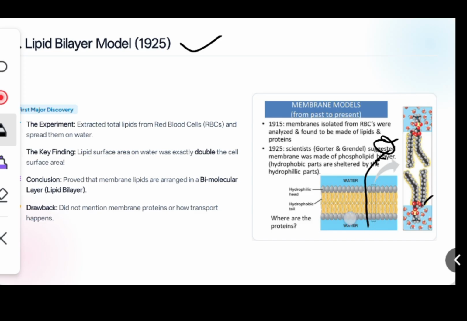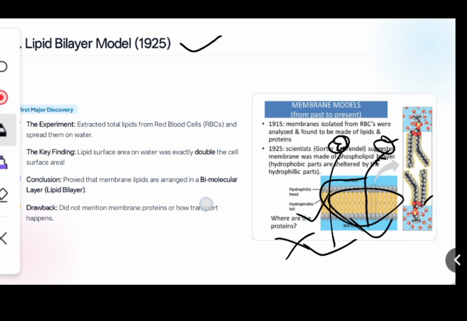It will pass through the plasma membrane because lipids are present here. But suppose this is a protein soluble molecule. It doesn't enter the plasma membrane because there is no protein here. If there were protein, it would enter the cell through that protein. So the model failed because there are no proteins. That is drawback number one, and number two is that it doesn't explain transportation.